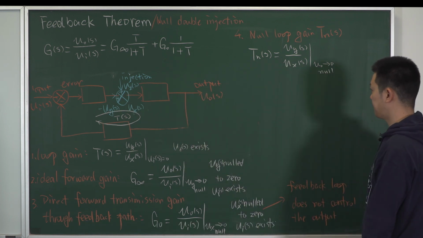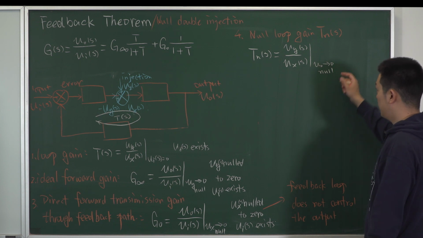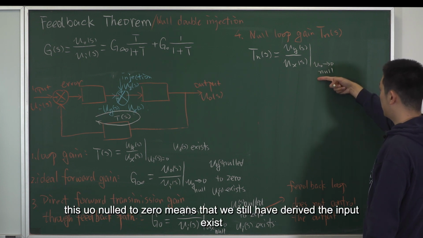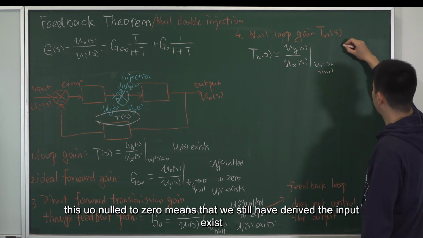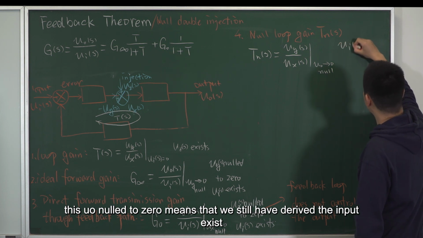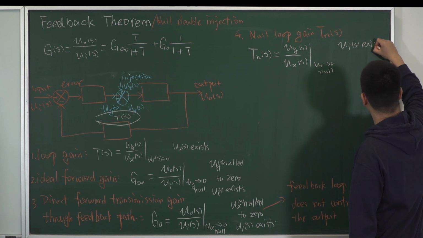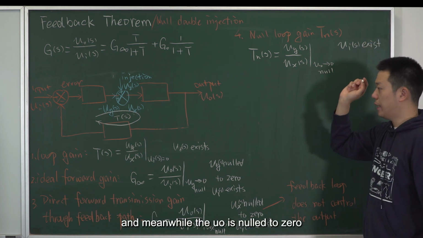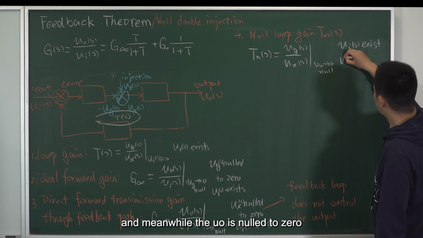So Uo nulled to 0 means that we still have Ui, the input exists, non-zero, and meanwhile, Uo is nulled to 0.